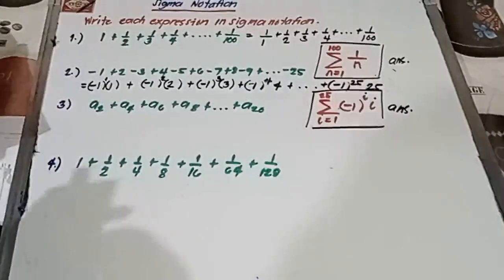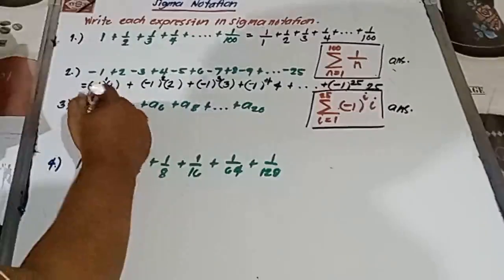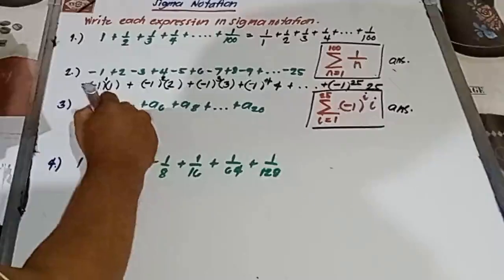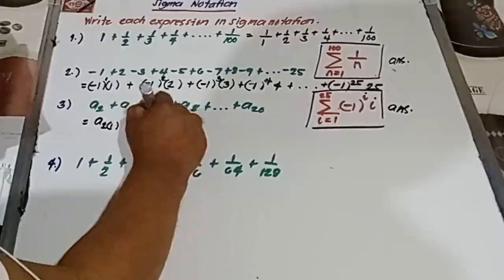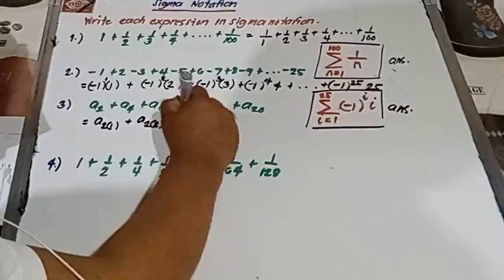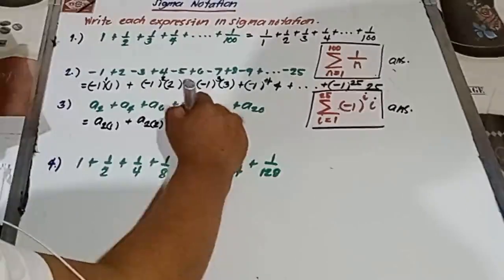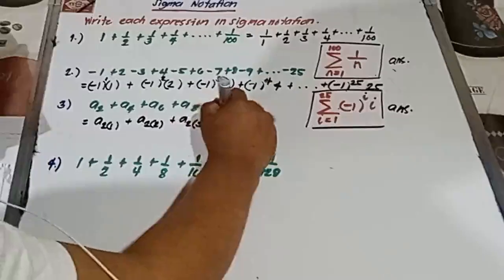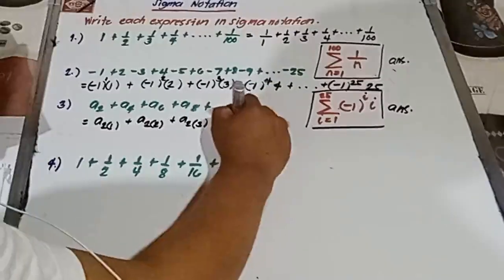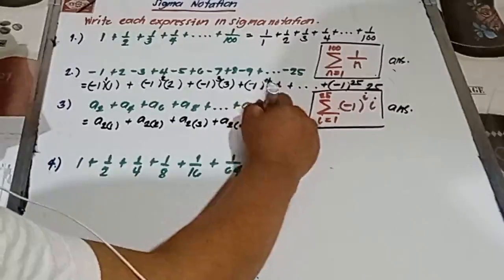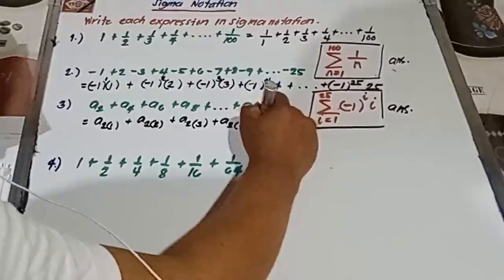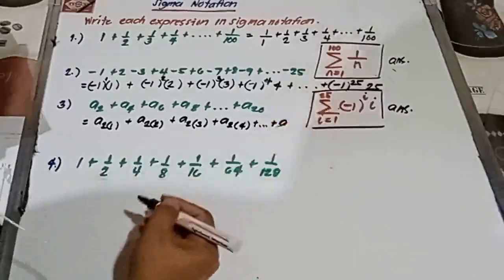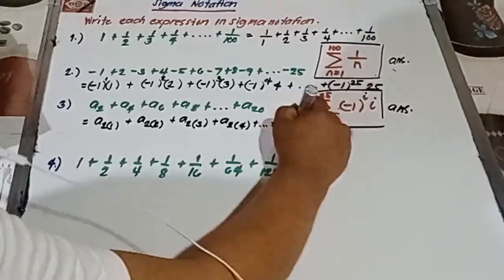So the result will be like this. A sub 2 times 1, okay? Plus a sub 2 times 2 plus a sub 2 times 3 plus a sub 2 times 4 plus until the last term is a sub 2 times 10.